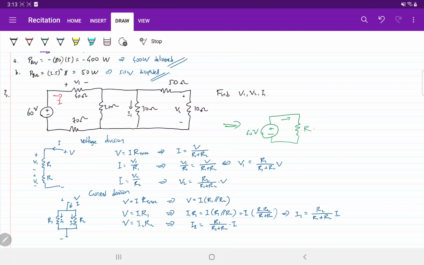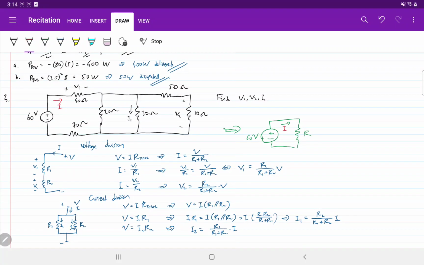And if we know the total resistance, we can compute the current I, right? We need to simplify this circuit. Okay, so let's do it.